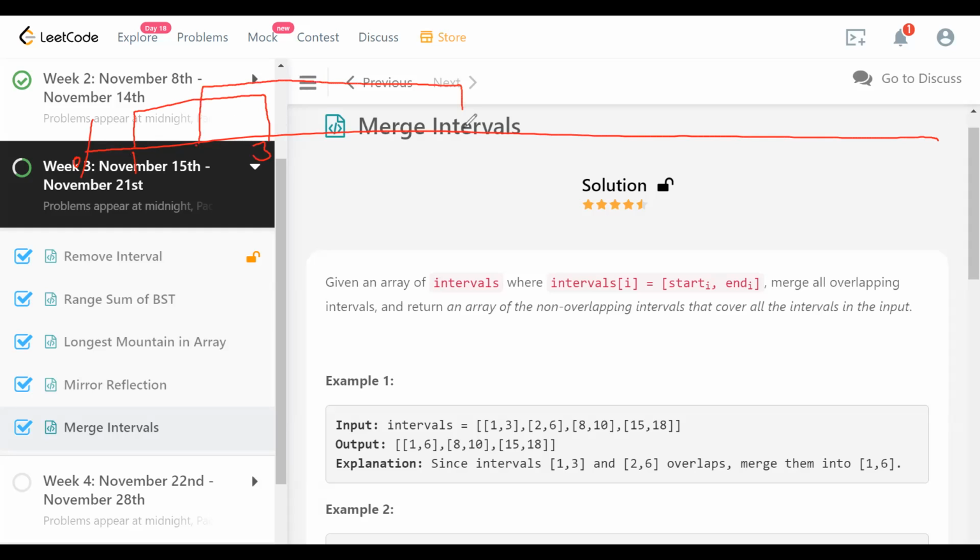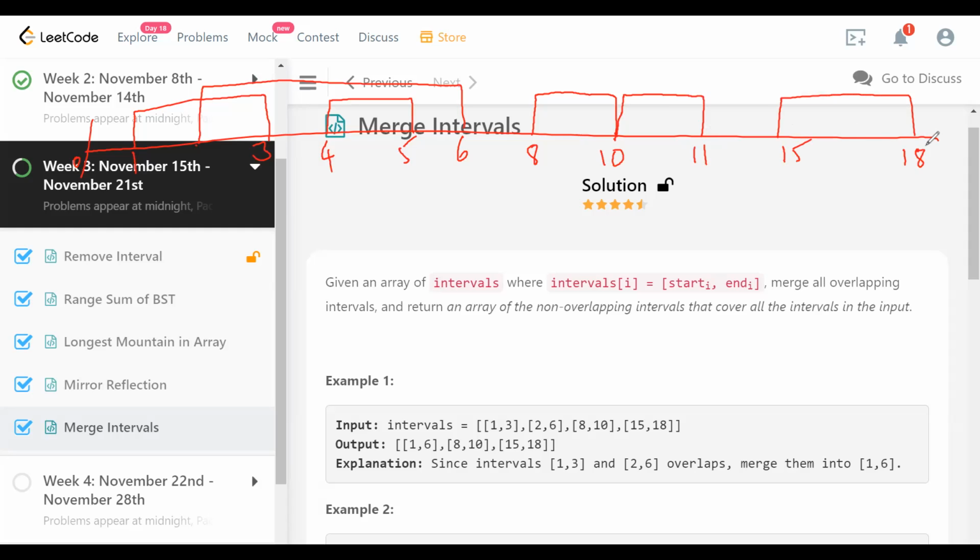Third one, I'm going to introduce one more between 4 and 5. And the fourth one could be 8 to 10. And the fifth one could be another one which starts at 10 and ends at, say, 11. And the sixth one could be 15 to 18, right? So these are the six intervals we have.